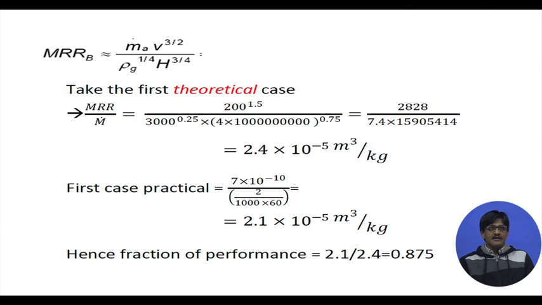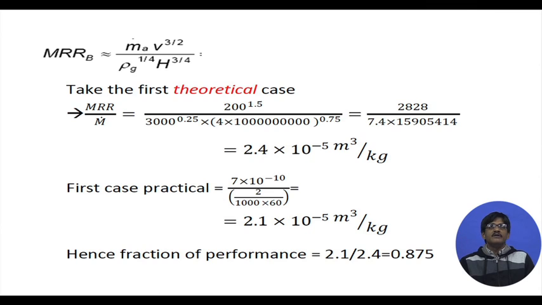Now, if this is the MRR, the performance index would be the MRR divided by the mass flow rate of abrasives. So, simply the mass flow rate of abrasive will vanish and it will be V to the power 3/2 divided by rho g to the power 1/4 into H to the power 3/4.